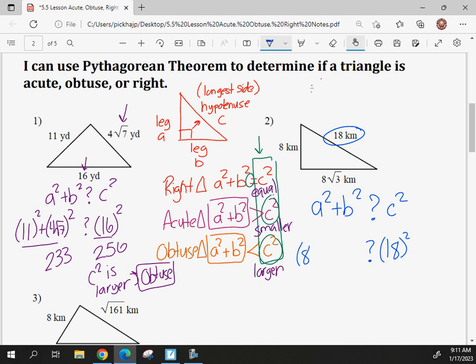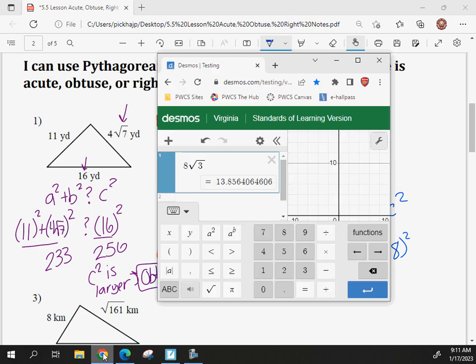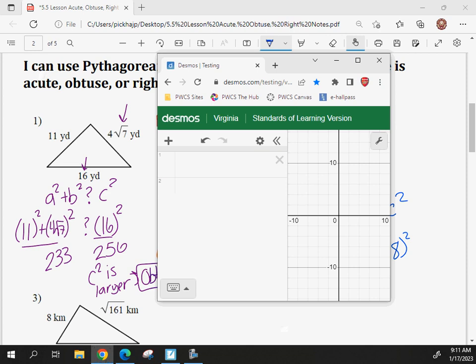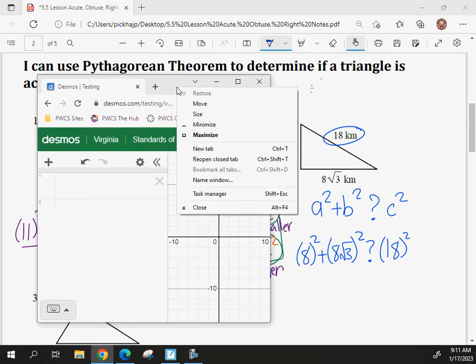I'm going to use parentheses again, so that when I use Desmos to help me out here, I can use parentheses on Desmos, and I will make sure that I don't make a mistake. So we can go check both sides here.